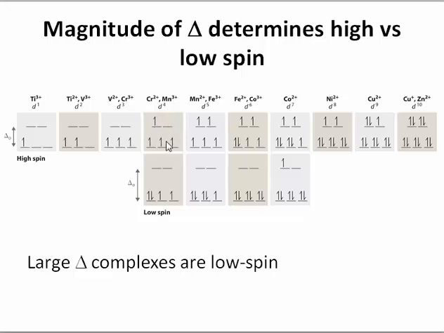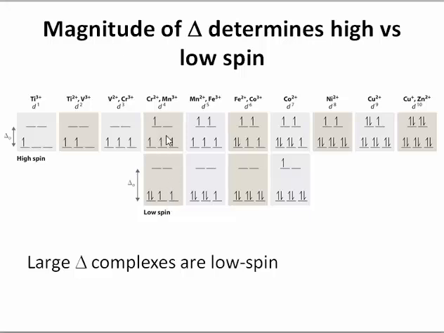This depends on the magnitude of the energy splitting between the 3 lower orbitals and the 2 higher orbitals. These so-called low-spin complexes with fewer unpaired electrons occur in complexes with a fairly large delta.